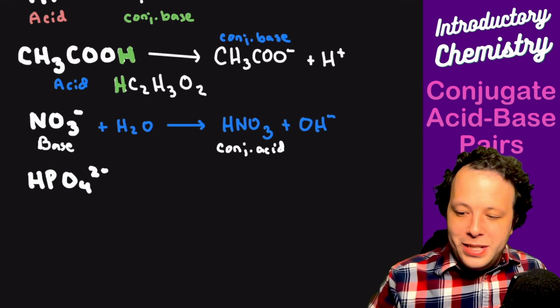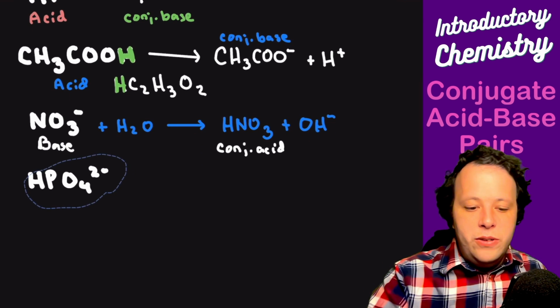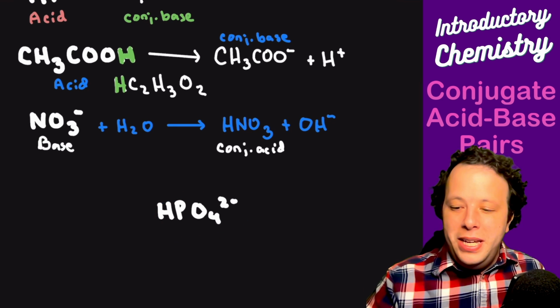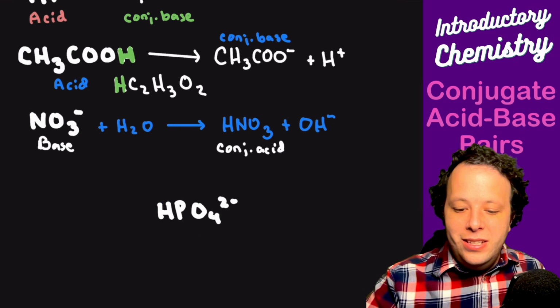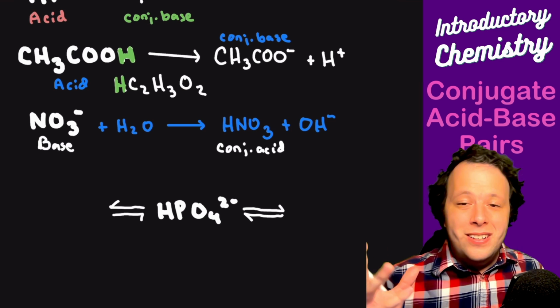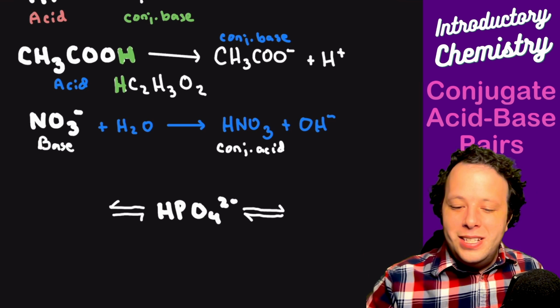Sometimes they can be a little bit different. You could go potentially one way or the other. So HPO4 2 minus, you can actually go either left or right, depending on how you look at it. With this one, I can either receive a proton or I can take one away. Being that it's negative, it could accept more protons.